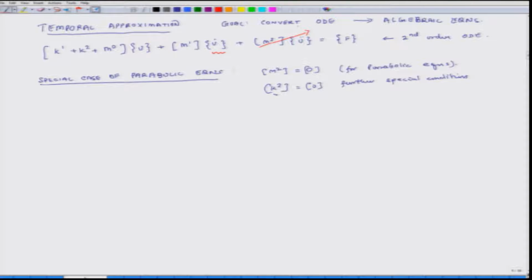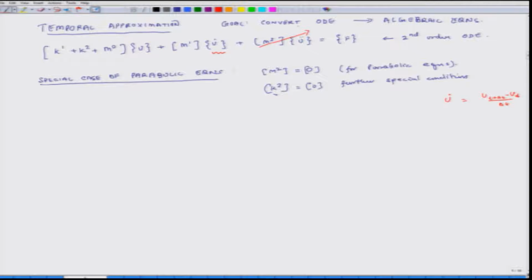Now, we know that one way to express u dot, suppose time is changing, is u dot equals u at t plus delta t minus u at t, divided by delta t, and if delta t is very small, then it approximates u dot at that particular point. So, we will use a similar approach to express u dots in terms of differences of u's, and of course there will be a time factor, because these derivatives are dependent on time.